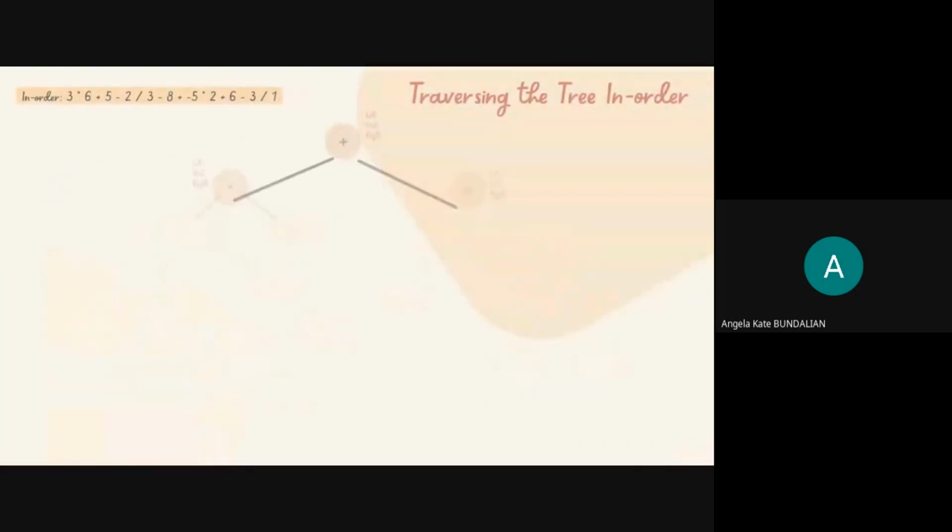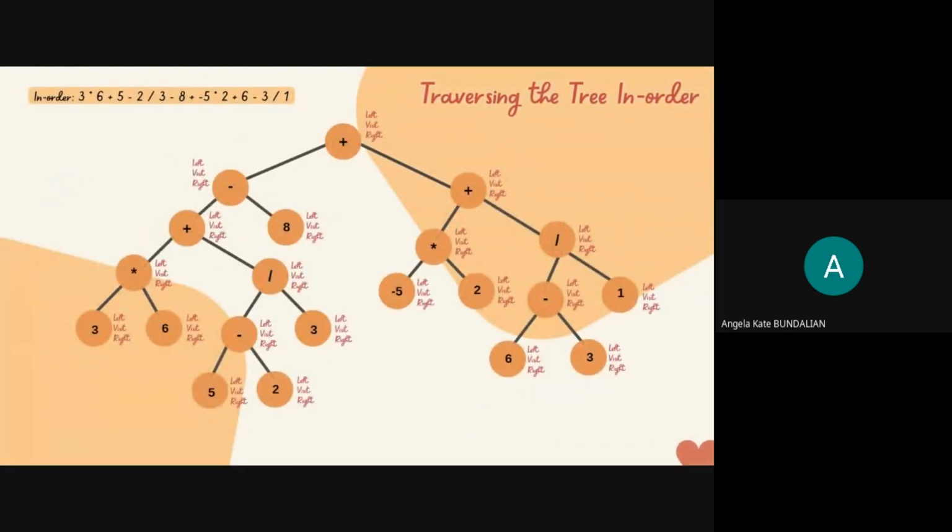Next is traversing a tree in order. We first traverse the left subtree, visit the node, and traverse the right subtree. We start with the root node and traverse to the left subtree until we reach the bottommost leaf node, which is 3. We then pretend to traverse the left subtree and go back.